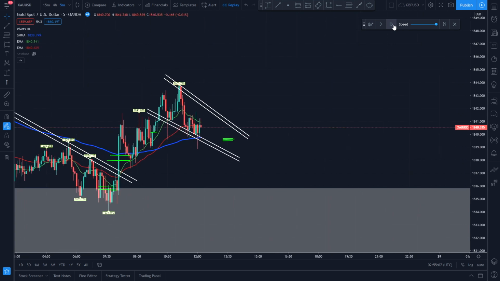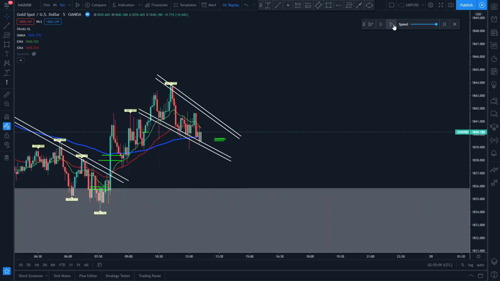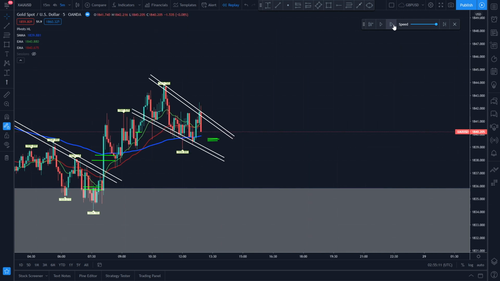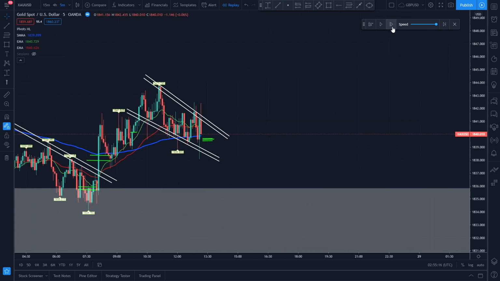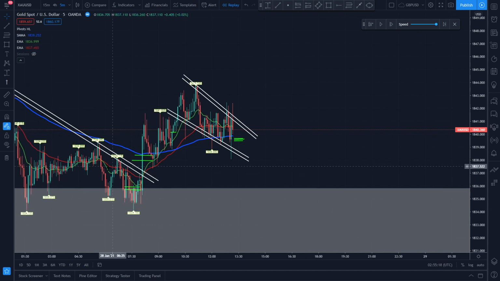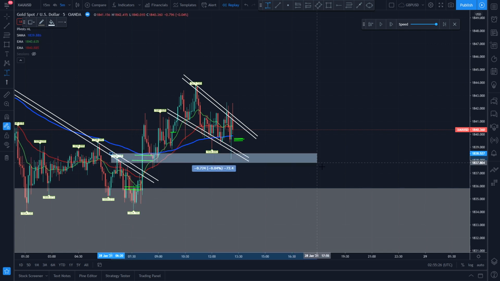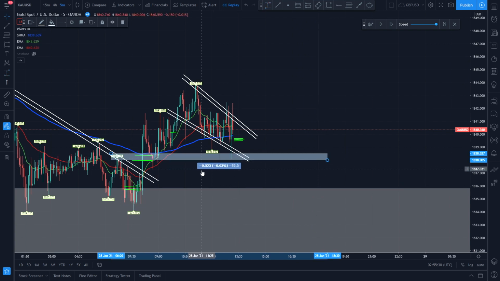So I'm watching the market on the 5-minute, and we get this nice wedge pattern forming. As you guys can see, I already pre-drew it. And here, as you guys can see, this was the recent lower high that the market broke, right? So I'm looking at this lower high as a potential zone as support.